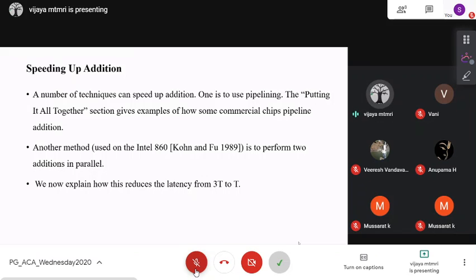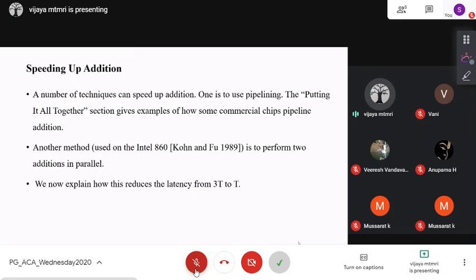When we go through all 8 steps, it takes more amount of time to add a single number, but we have to get the answer within a fraction of a second. So for speeding up the addition, we are using some techniques. The first technique used is pipelining. We put all together and we'll add and get the answer, which will reduce the time as compared to the previous algorithm.